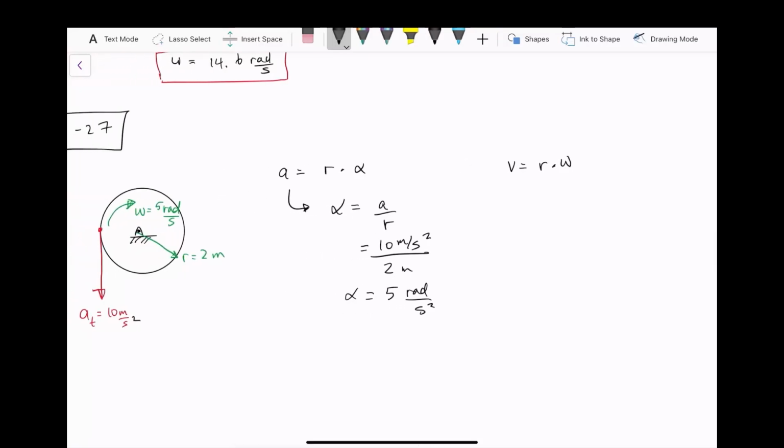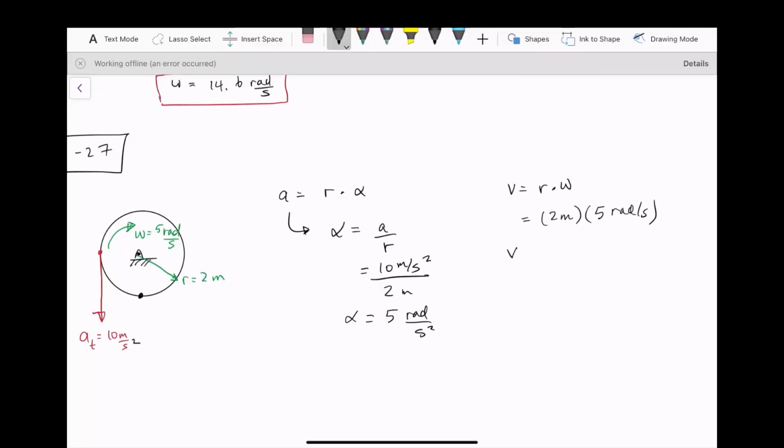So if we're solving for V at the outside limit of the wheel, so that means any point on the outside of this wheel, let's pick a point right at the bottom here, for example, then its velocity at that point would be equal to that radius arm, which is 2 meters, times the angular velocity, which is 5 rads per second. So V is equal to 10 meters per second. Okay.